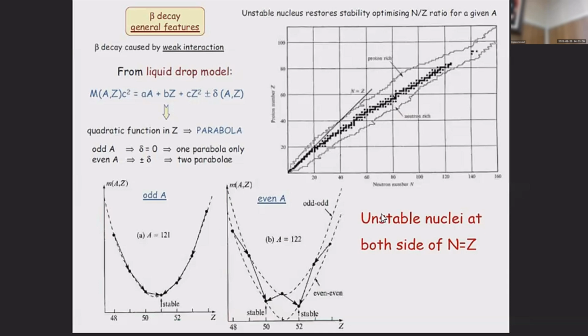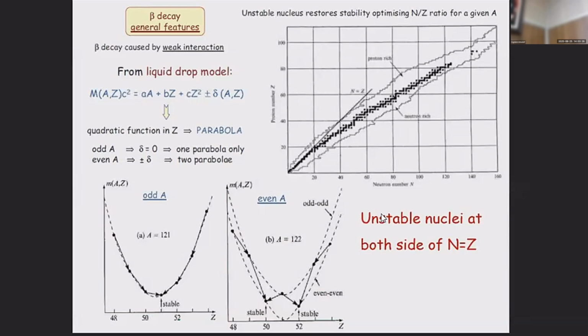That means, for example, for A equals 121, there is only one stable nuclide, whereas for 122, there are two stable nuclides.